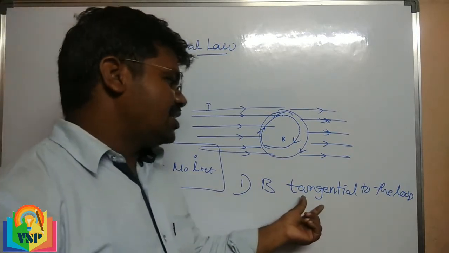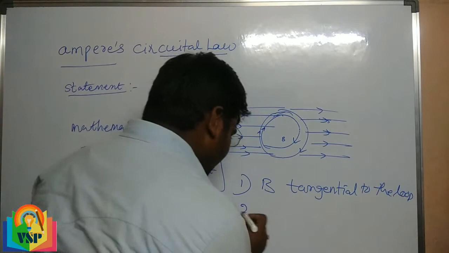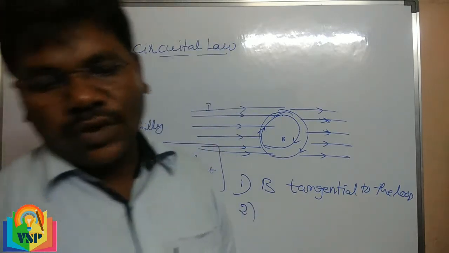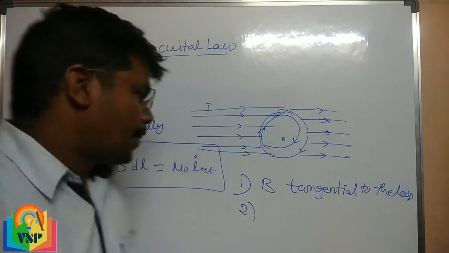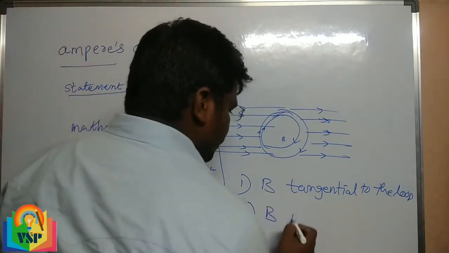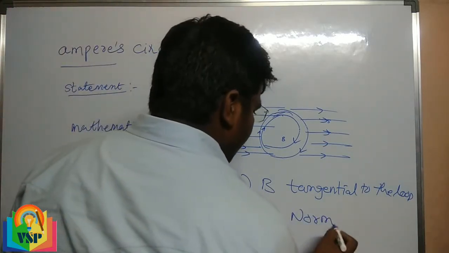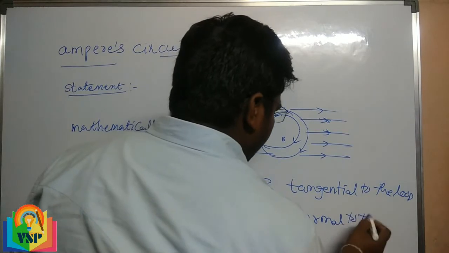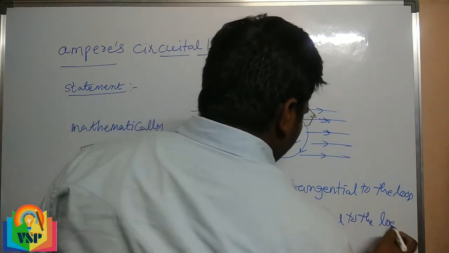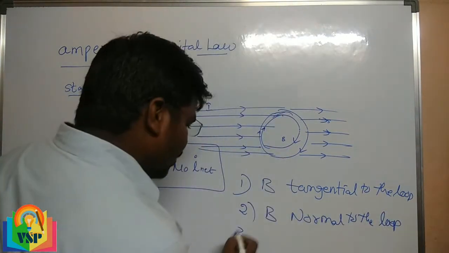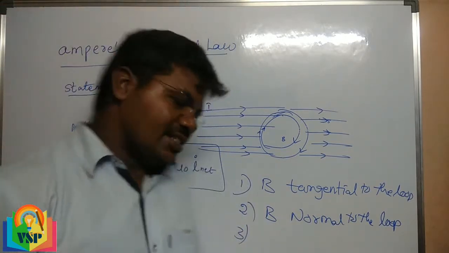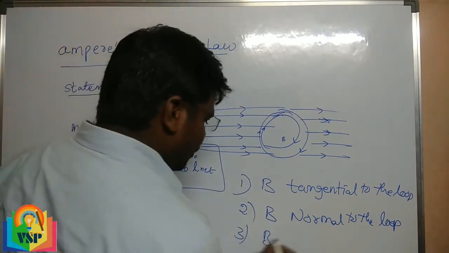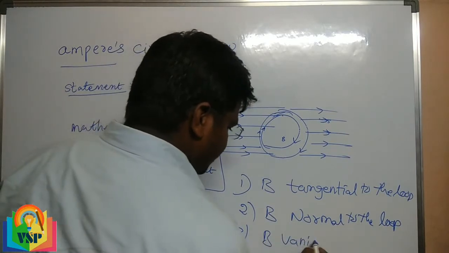Second, B is normal to the loop. Third, B vanishes. The magnetic field vanishes.